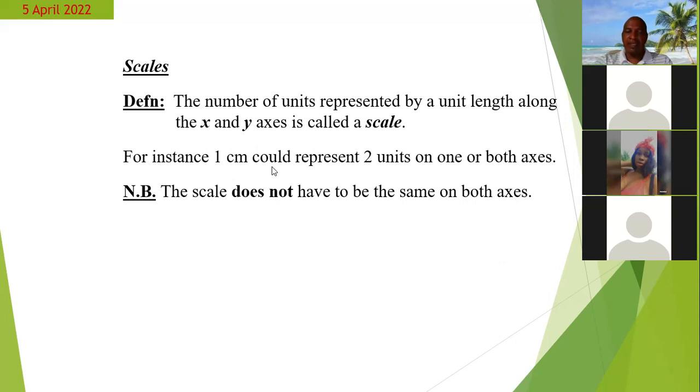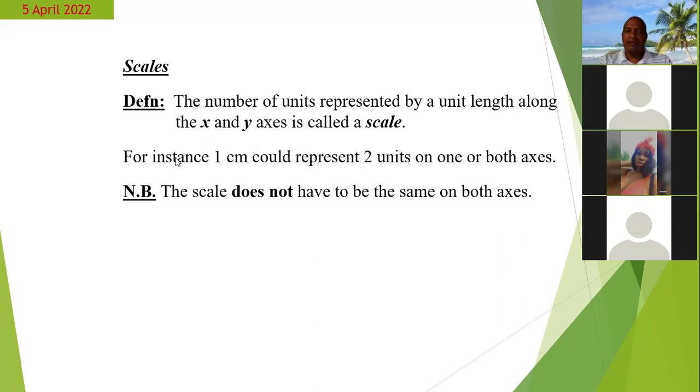And their actual measurements. These measurements on the graph paper are accurate measurements. But what we use in terms of our scale, we have to use these actual measurements. Based on these actual measurements, we will use them to represent our unit.